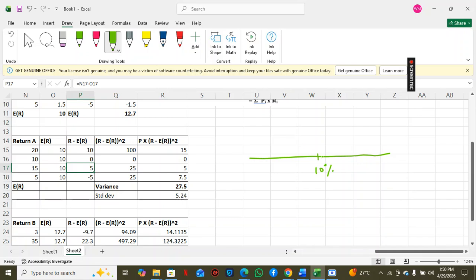So you can just say, okay, 5.24 plus 10, you get 15.24. 10 minus 5.24, you get 4.74%. I was supposed to say 10 minus 5.24, yes.